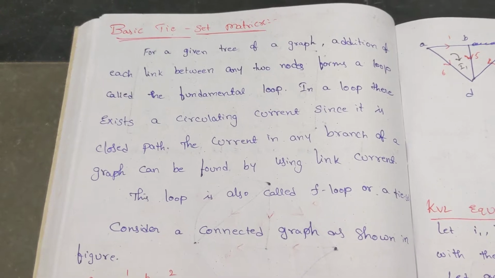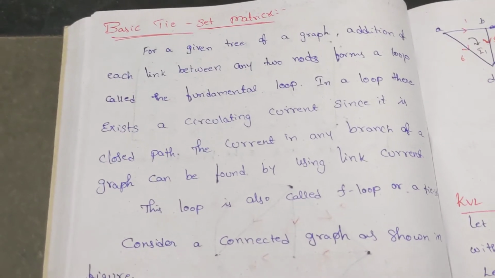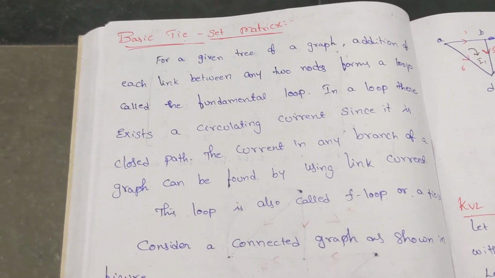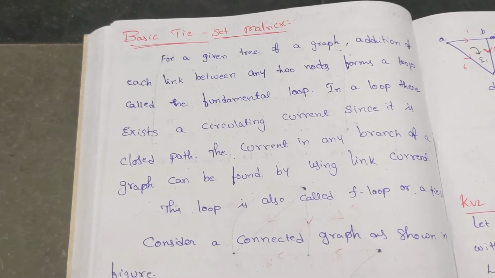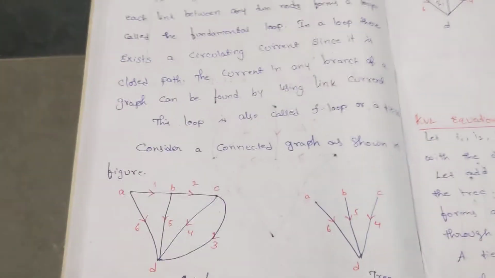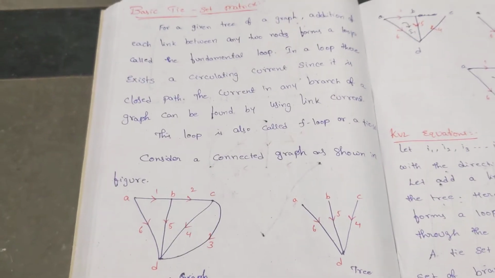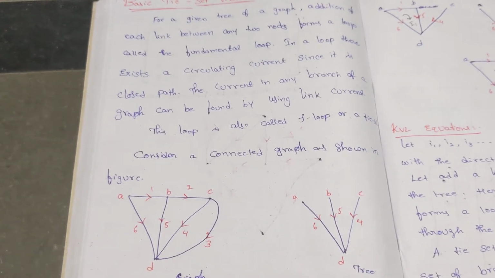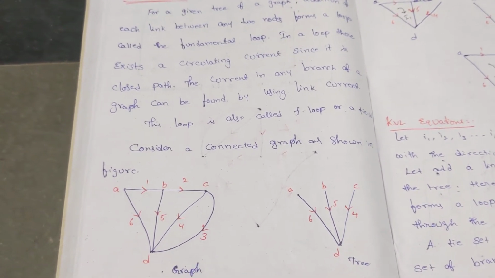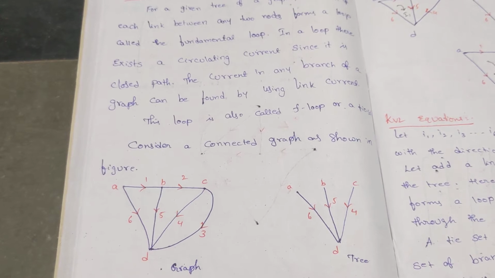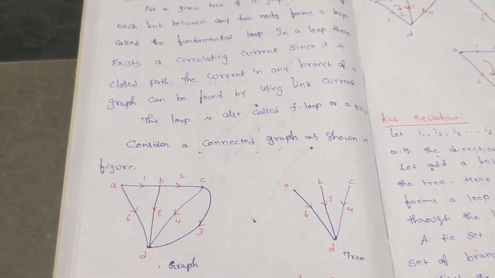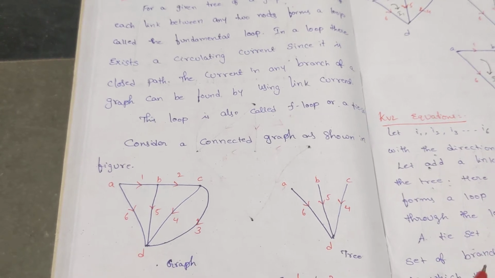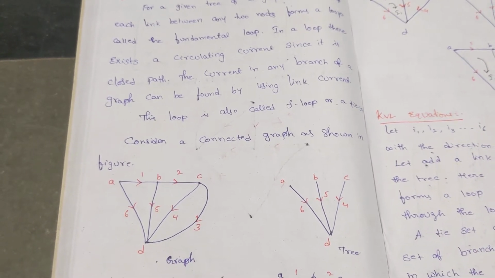So we will start with our basic tie-set matrix. Before going into the details, please remember one point. Whatever the graph, if they provide the oriented graph, well and good. If they didn't provide any oriented graph, please assume the directions as per your wish.